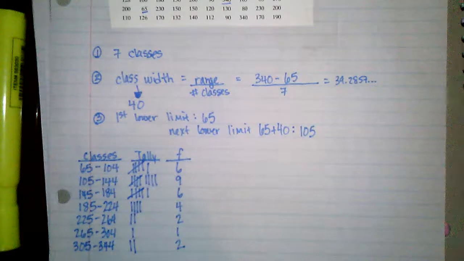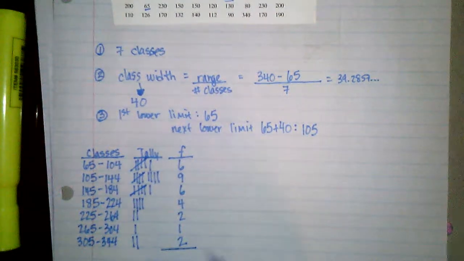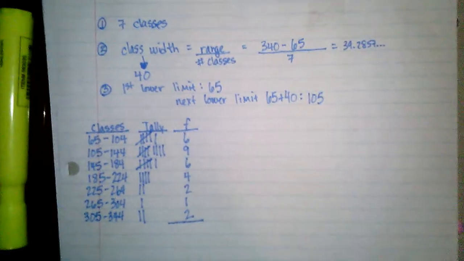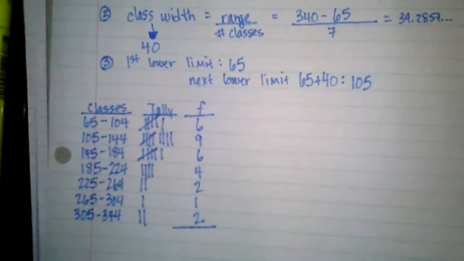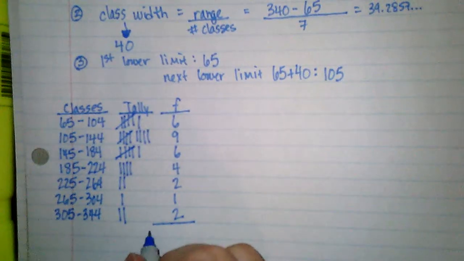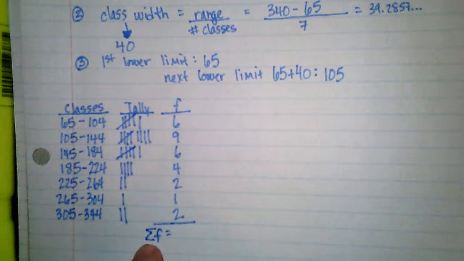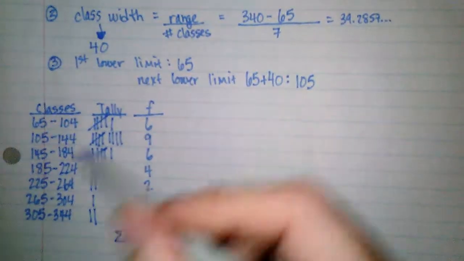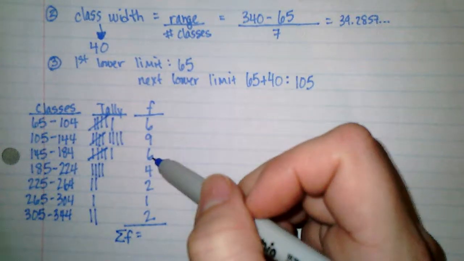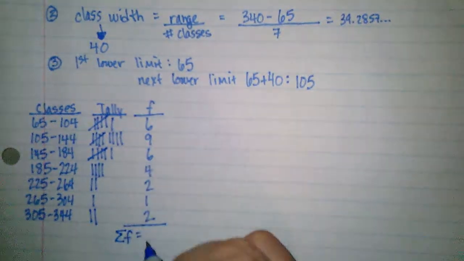One of the things that we will often do is count up the frequencies. Remember, the symbol for add up all of the was that summation symbol, the capital sigma. So if I add up all the numbers in the F column, 6 plus 9 is 15, plus 6 is 21, 25, 26, 27, 28, 29, 30.